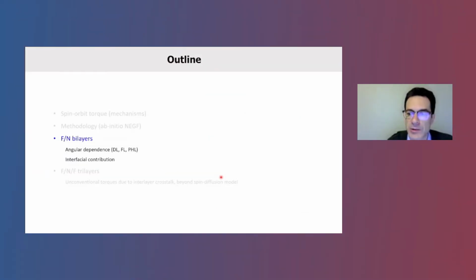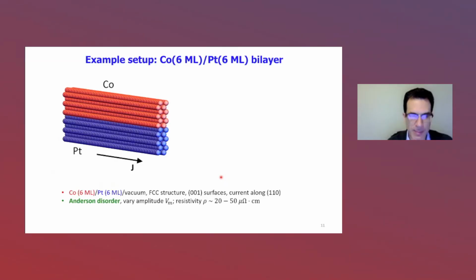So now switching to the results for the bilayers. This is a typical setup. This is a cobalt-platinum bilayer. There is vacuum separating this part of the system from its periodic images. And then Anderson disorder is introduced here to tune the resistivity of the system to where it is experimentally.